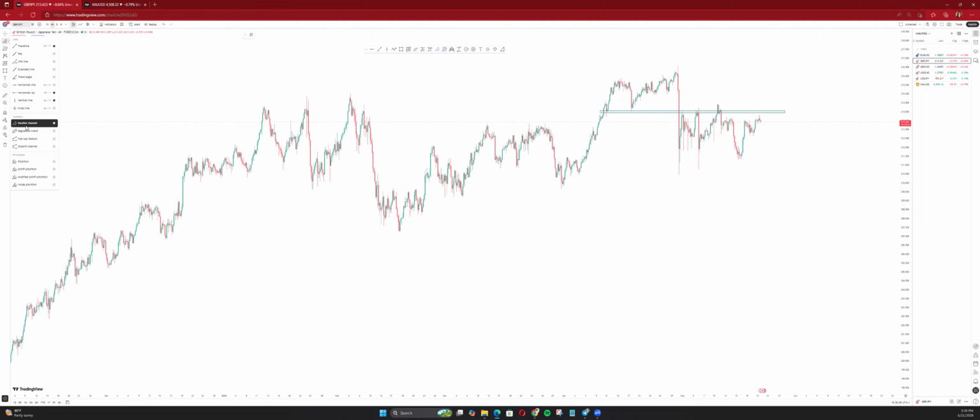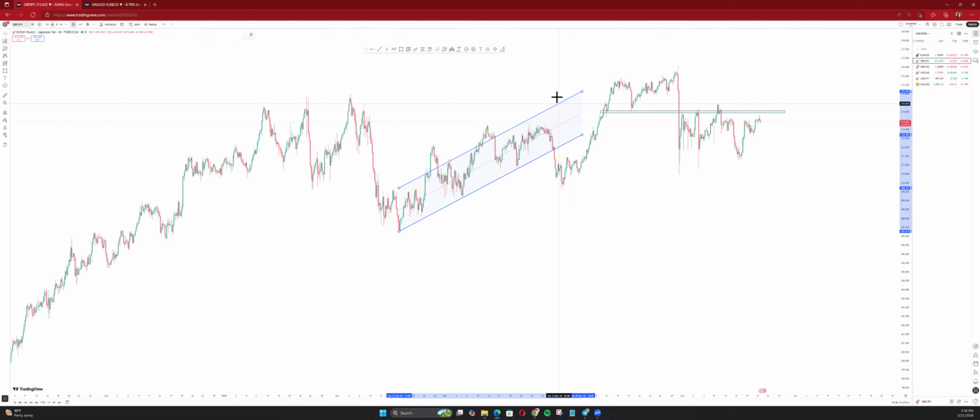But this is the one I use, the parallel channel. The reason is when you draw the downside, you connect it to the upside like this. It's easy. Once you click and drag up and just move up, it will follow until you click again.